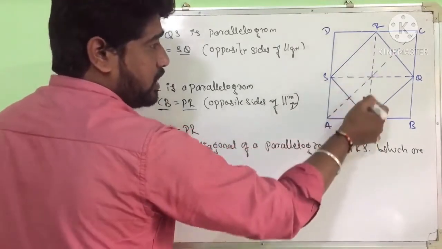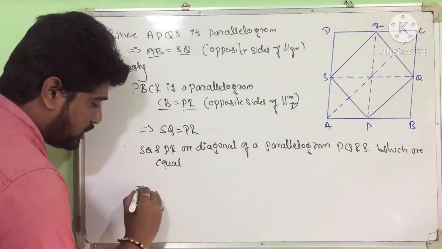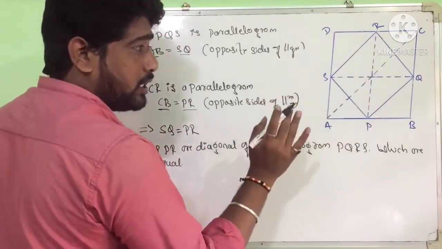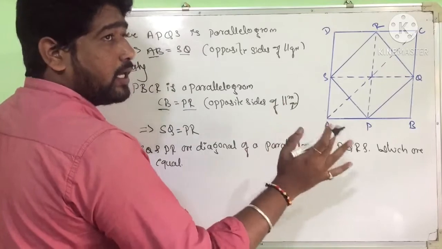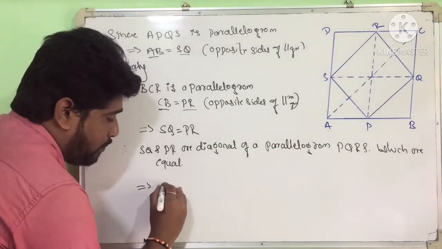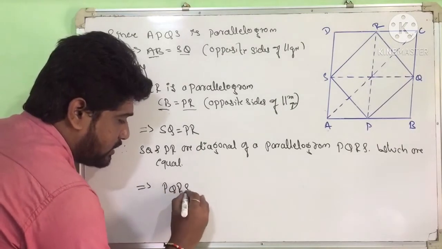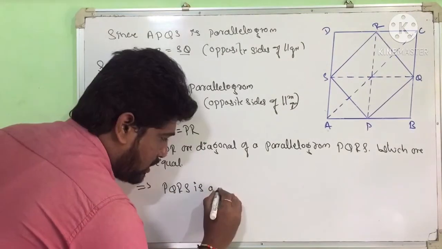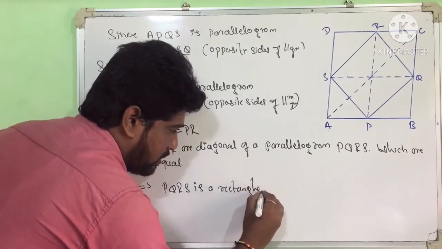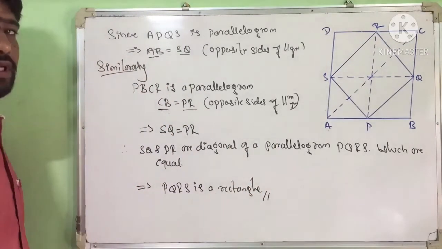So this implies, in a parallelogram if the diagonals are equal then it is a rectangle. So therefore PQRS is a rectangle. Hence proved. Is it clear?